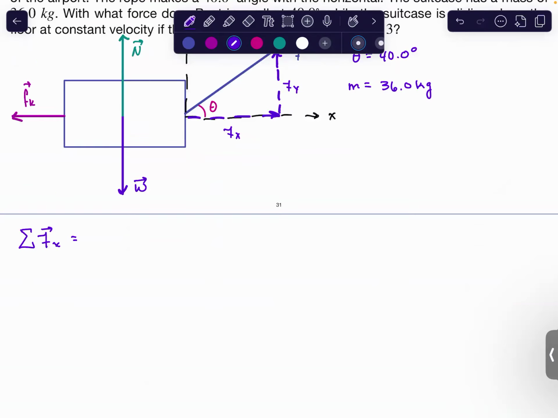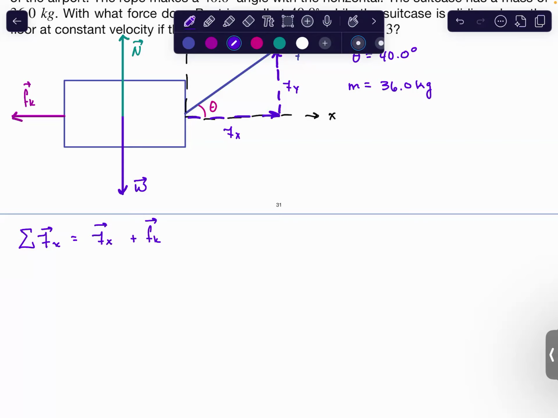So notice we have the x component of the applied force plus the kinetic friction force, and this is a system with no acceleration, meaning that what kind of system is it? What is the net force equal in a system with no acceleration?